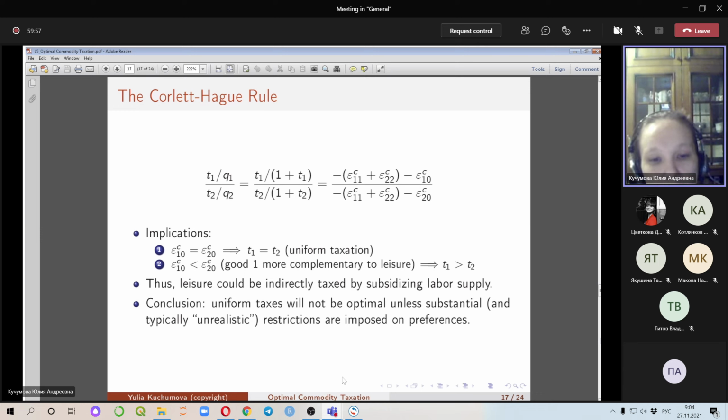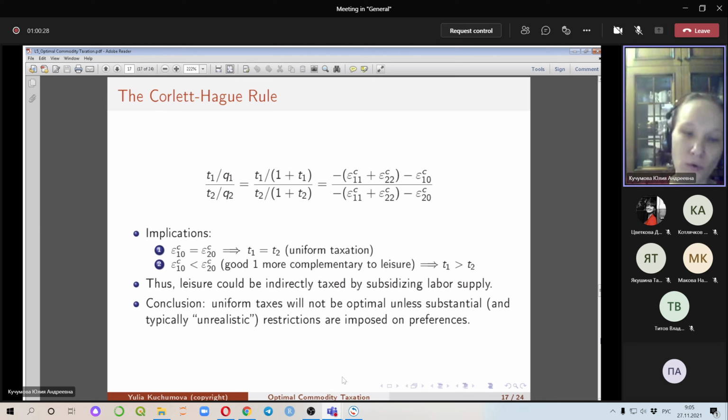And I just want to emphasize that we see also that uniform taxes will not be optimal unless substantial and typically unrealistic restrictions are imposed on preferences. So this is basically the end of the story.